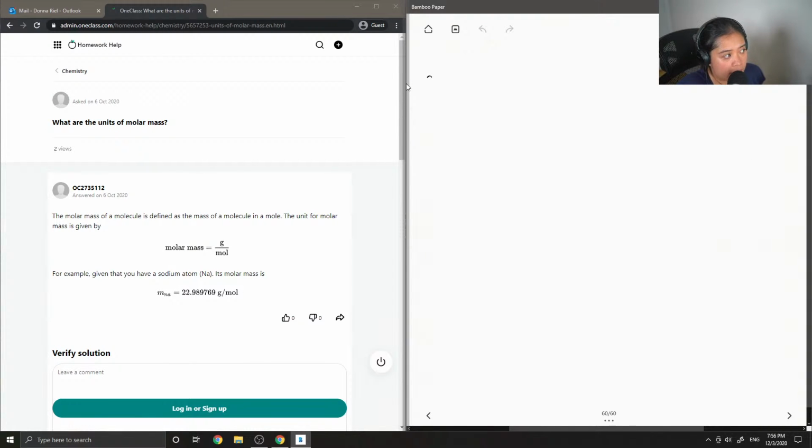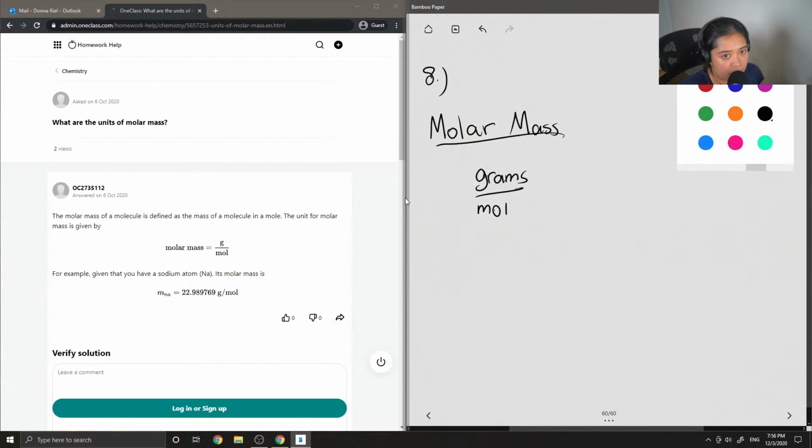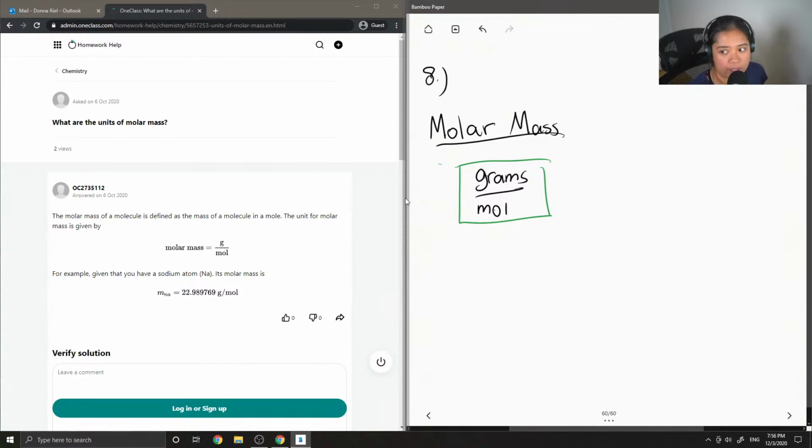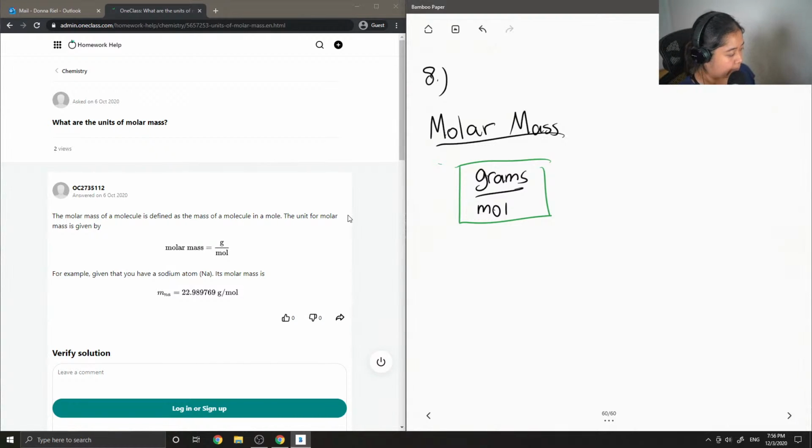Okay, so question 8 just asks, what are the units of molar mass? So the units of molar mass are grams per mole. So molar mass values can be found on the periodic table.